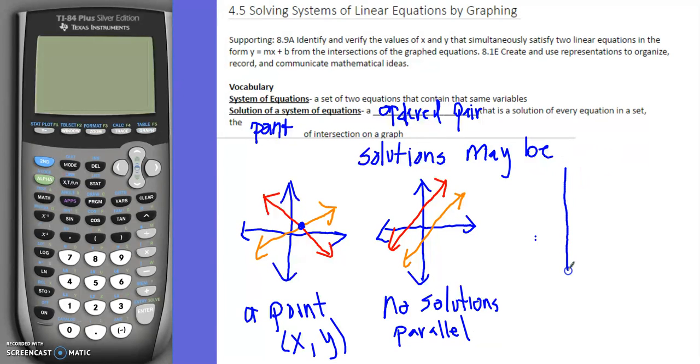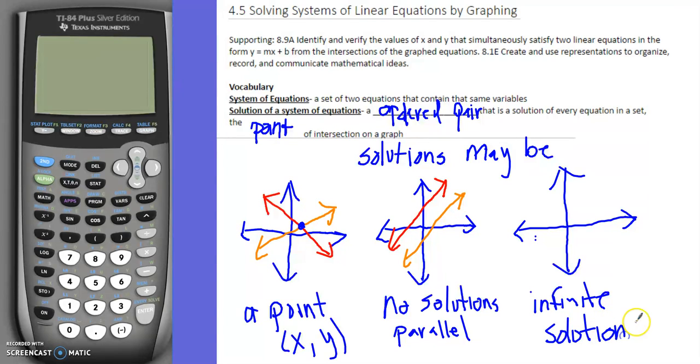And then another possibility might be infinite solutions, where you have basically the same line on top of each other.